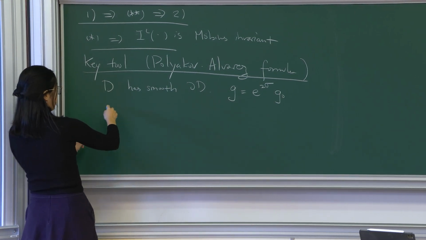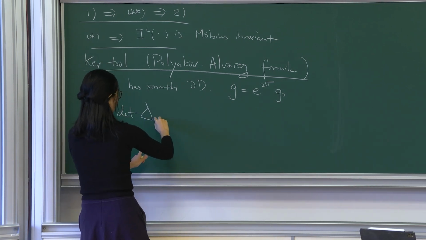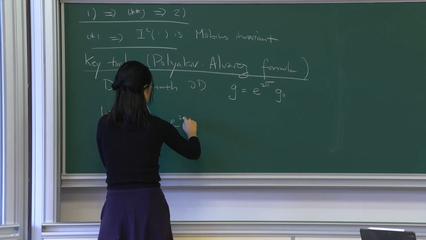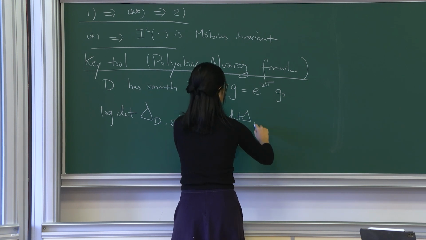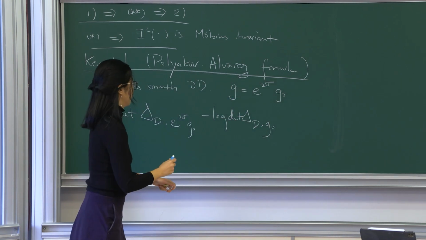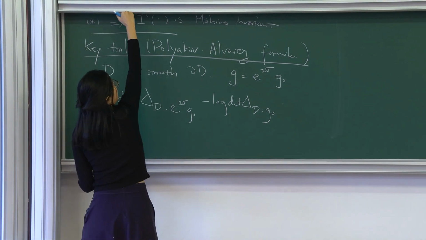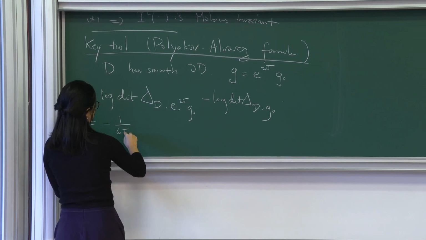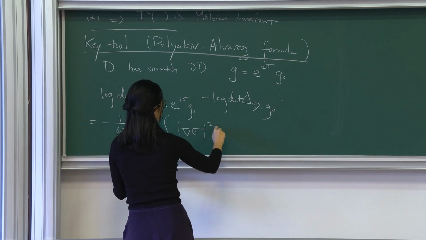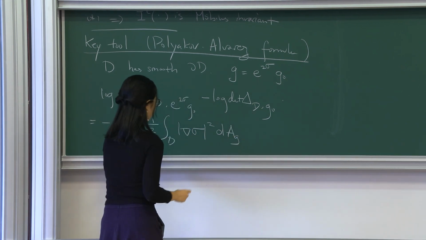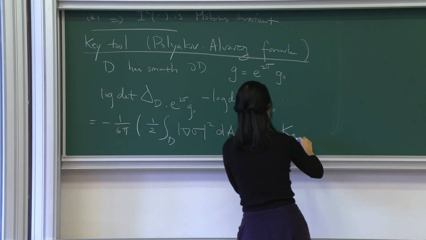Then this Polyakov formula tells me that the log determinant of the Laplacian on the domain with the new metric, exponential 2 theta g naught, minus the log determinant of the Laplacian of D with the original metric, is equal to minus 6 pi times the Dirichlet energy of this conformal factor, plus the integral over D of K, with the area form of g naught and curvature K of g naught.